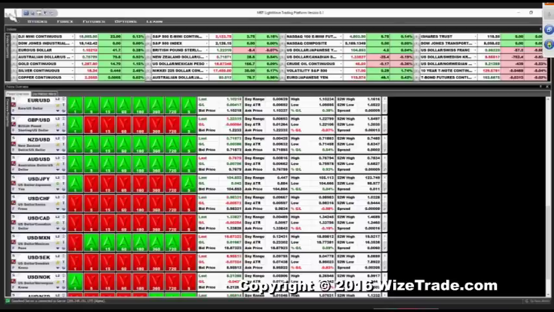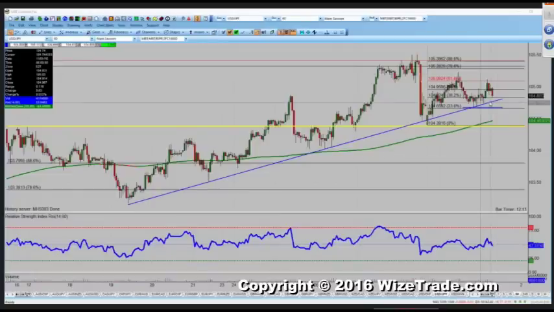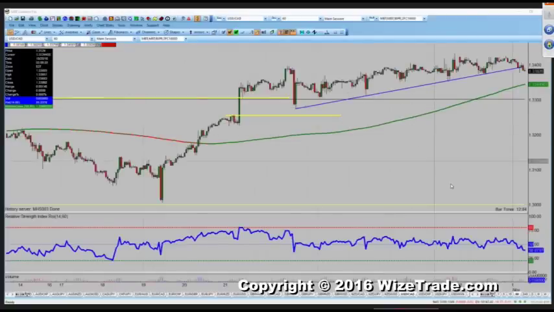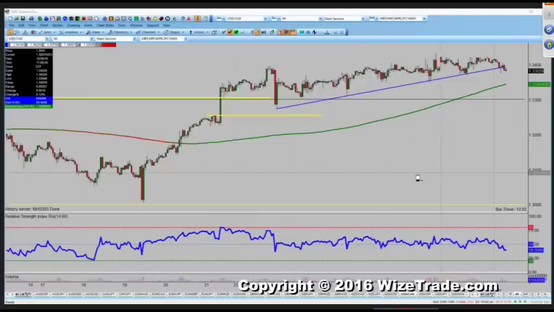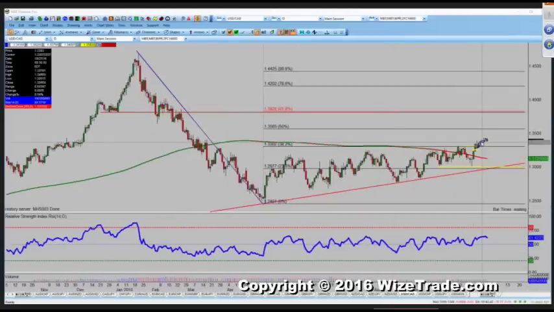Okay. There's the dollar yen. Let's go over to the dollar Canadian. So here's the dollar Canadian. The dollar Canadian, to me, I'm very surprised that we haven't rallied further, because crude's been so weak.